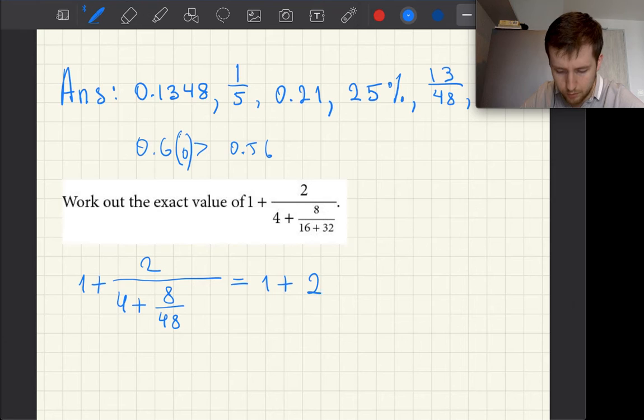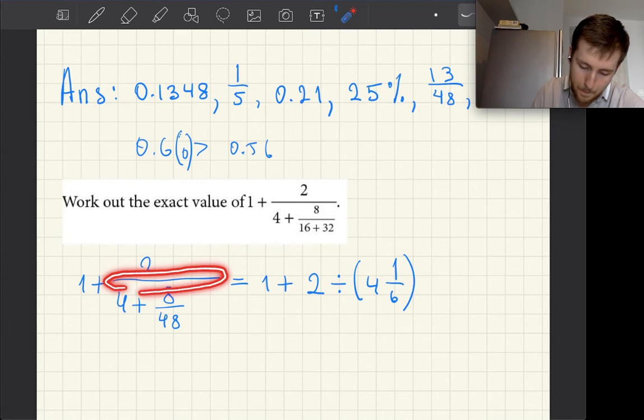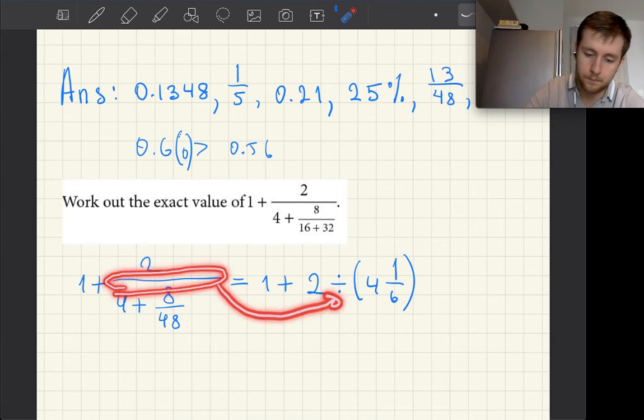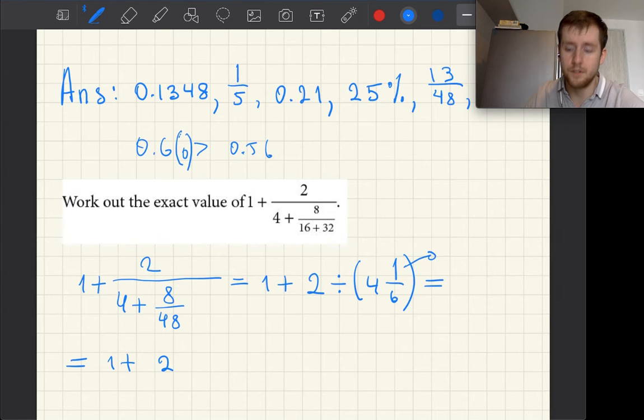So it's going to be 1 plus 2, we can say divided by 4 and 1 over 6, because again, this fraction sign can become a division. So what are we going to get? We're going to get 1 plus 2 over 4 and 1 over 6, which becomes 25 over 6, right?